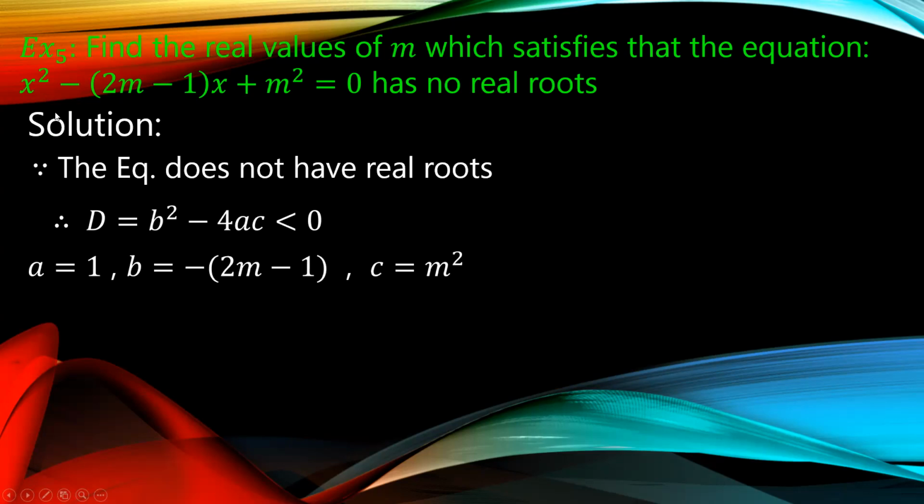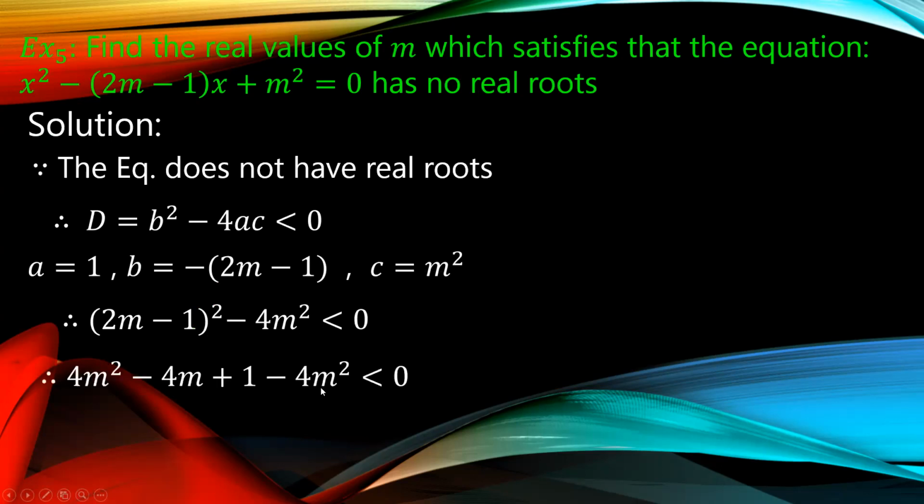a equals 1, b equals -(2m + 1), and c equals m^2. By substitution in the discriminant, (2m - 1)^2 - 4ac is less than 0 because the two roots are not real but complex.